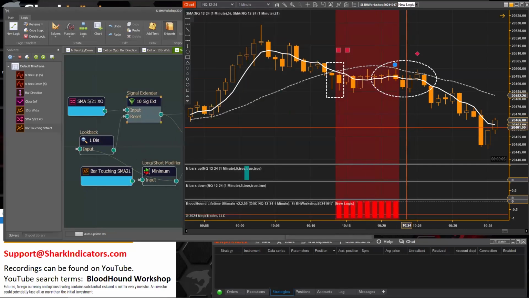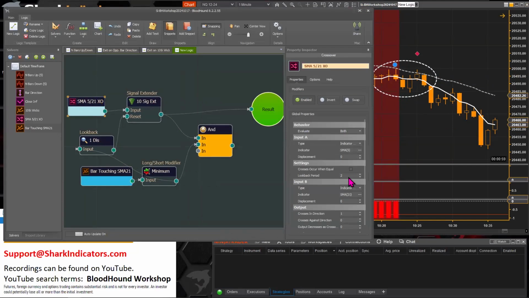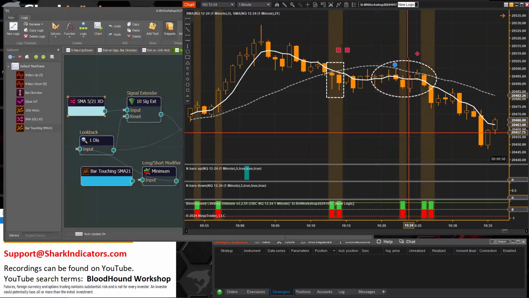And also, depending on the bars you're using, you might have to adjust the crossover solver's look back period, so that these reset signals are not interfering with the signal extender.